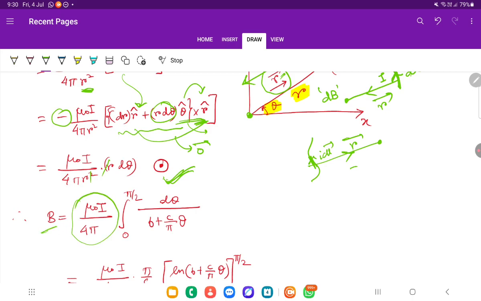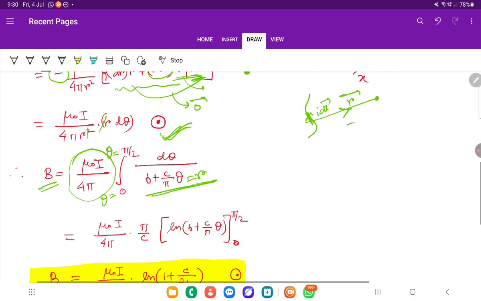And as we are trying to find the total magnetic field, we will do the integration over the limit of theta equals 0 to theta equals pi by 2. And r is a function of theta given in our question. We have put that value here. And now it's a simple integration, I guess, right? This is a linear function in theta in the denominator.